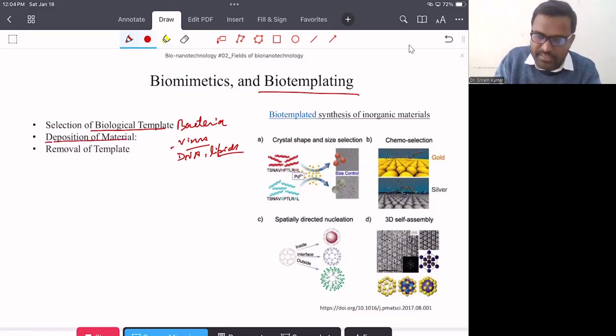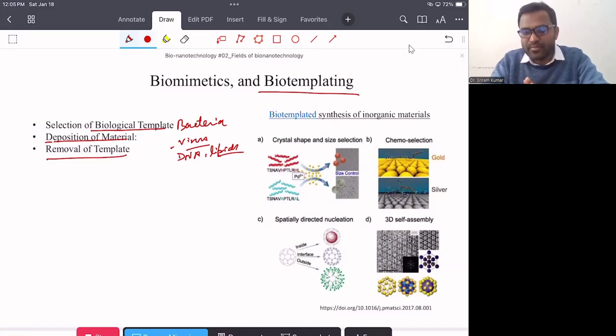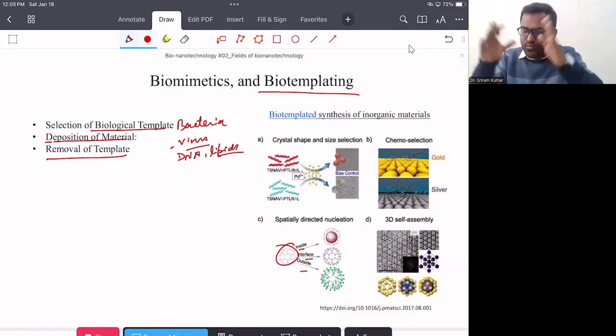In the second step, we deposit the materials, and then in the third step, we remove the biological sample, that bacterium, from the material. Then we will have a very good shape of that material, of that particular bacterium or virus. Here, we can modify these materials either inside or outside, and if you remove the template, you have very good growth of that material and a very desirable shape of the nanomaterial, and based on that we can use it for diverse applications.